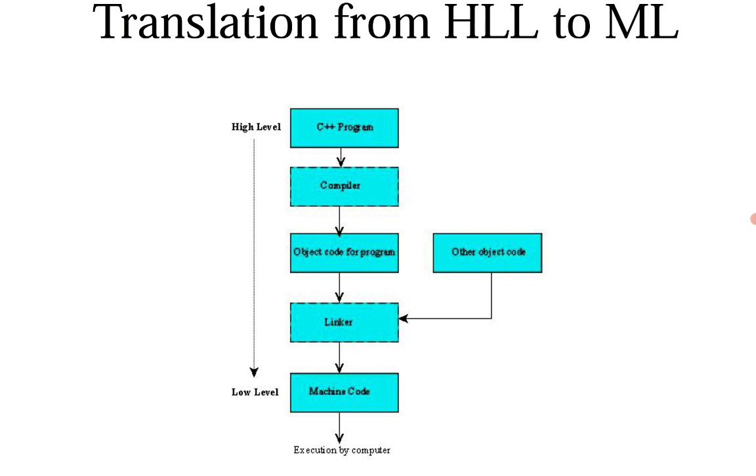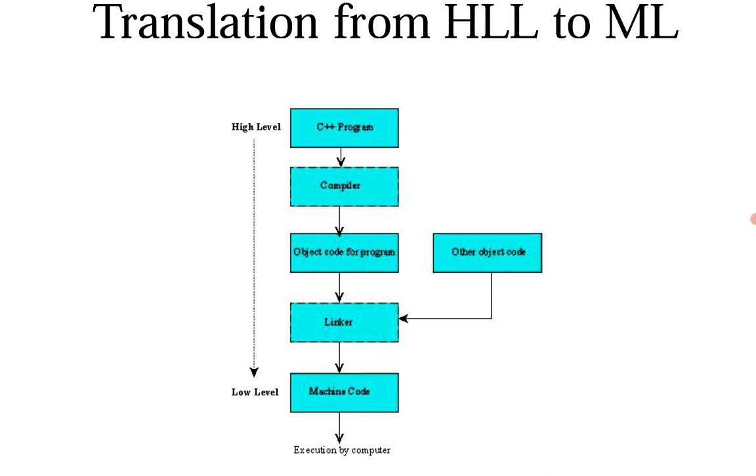Linkers are generally used to translate. A linker is one of the application programs used to translate object code into the corresponding executable code, that is, to convert an object program into an executable program.